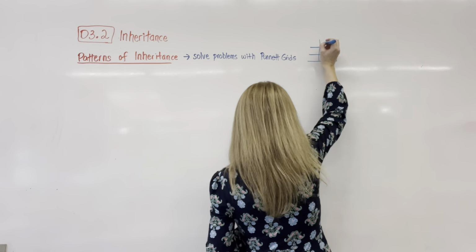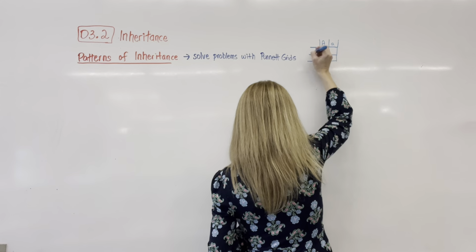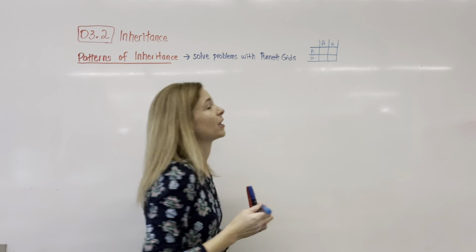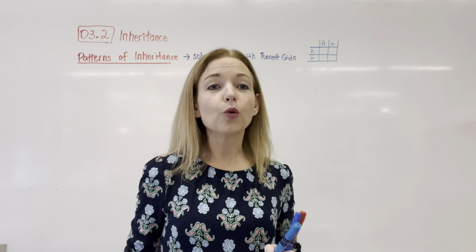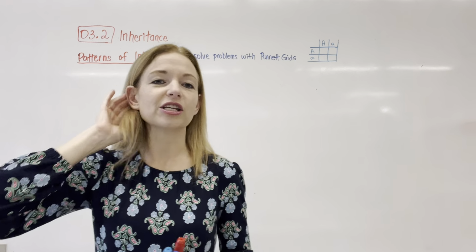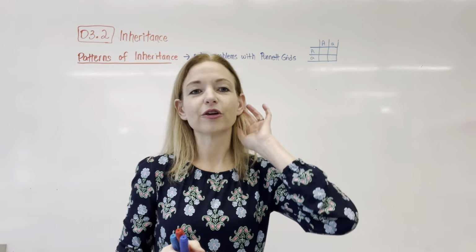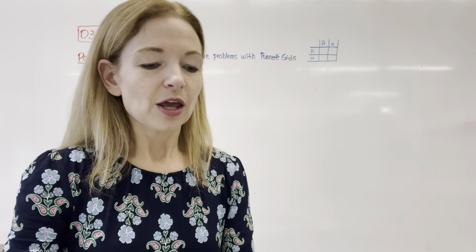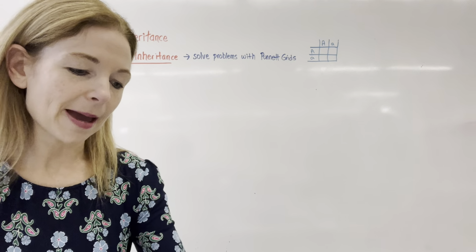Again, we're just looking at big A, little a, big A, little a. That's the tool that we're going to use for all of these next ones. They could all essentially be thrown into a monohybrid Punnett grid. Okay, so for our chart, we're going to say pattern.